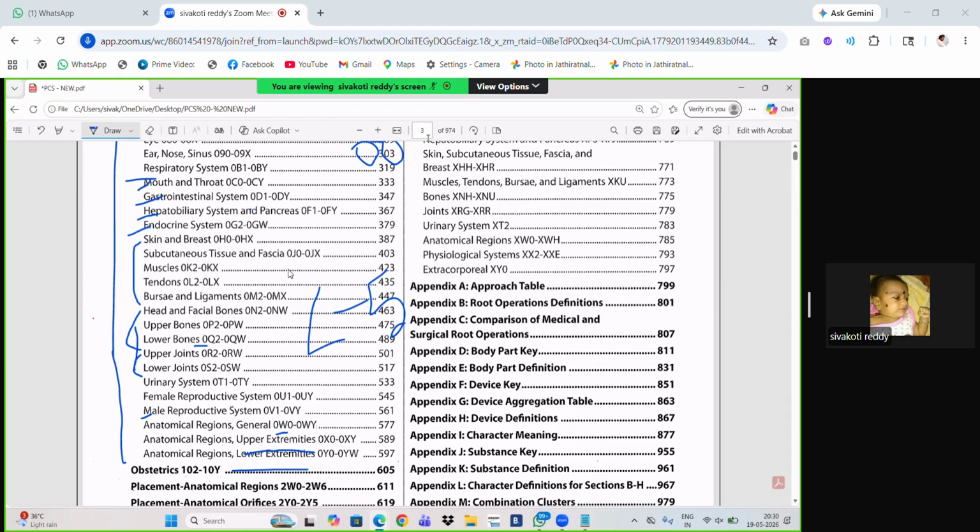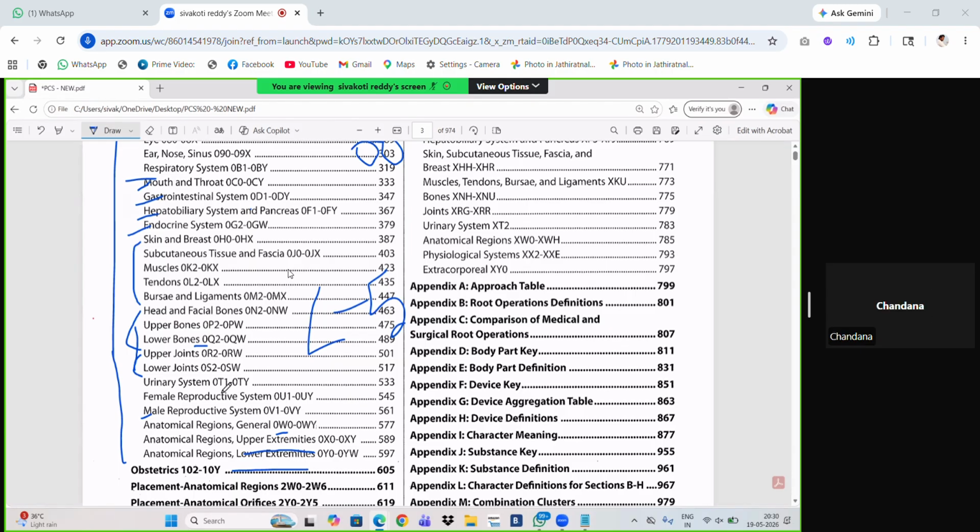Suppose they done the procedure for kidney, what is the body system? Zero T. They done for the uterus.